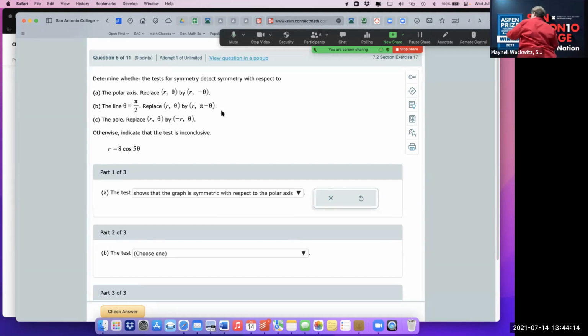No, we're just taking the theta, which is the thing plugged in. Oh, actually, you're so right. So we want to do 5 times pi minus theta. Very good, Gavin. So that's going to give us 8 cosine of 5 pi minus 5 theta.